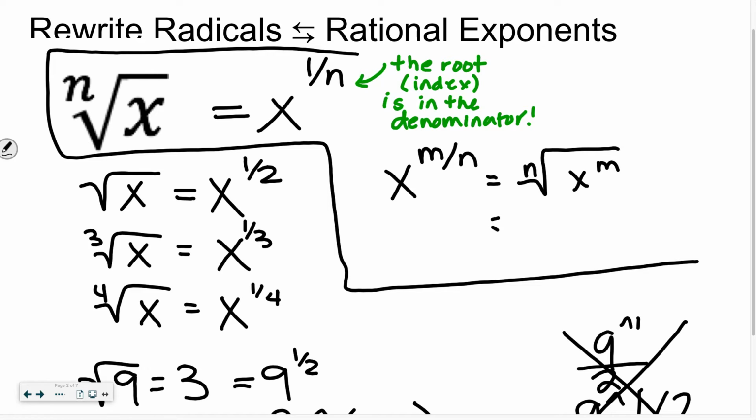It can also be written as the nth root of x raised to the m. Sometimes you might see it as the nth root of x in parentheses raised to the m. They're all the same thing. Probably my favorite one is this one right here. That's how I usually end up writing it.